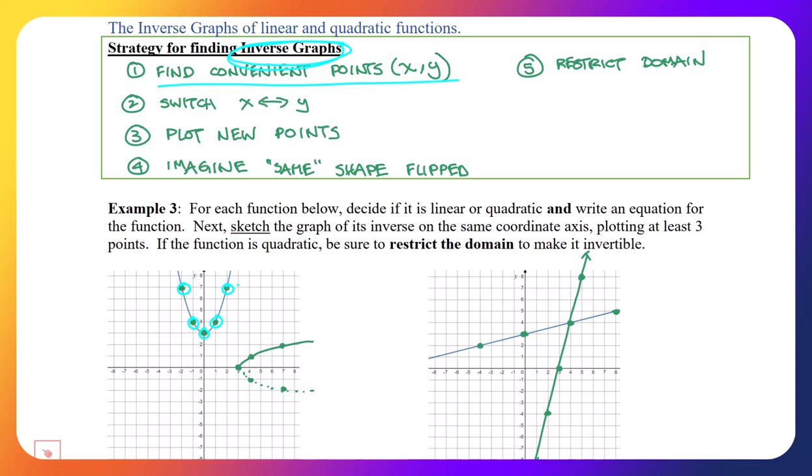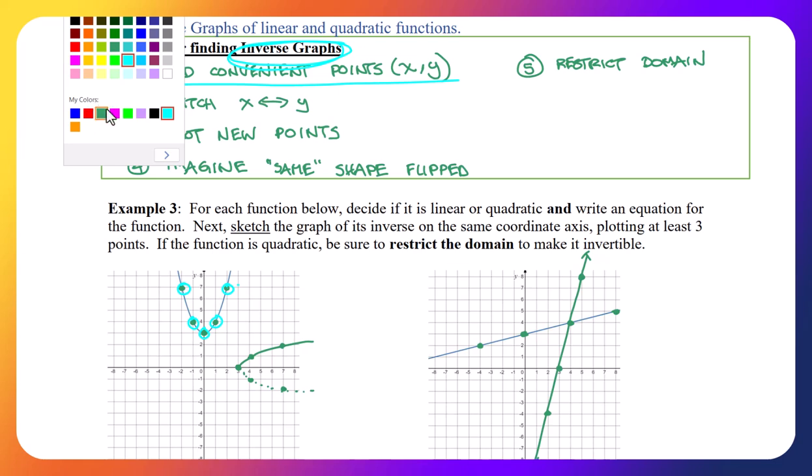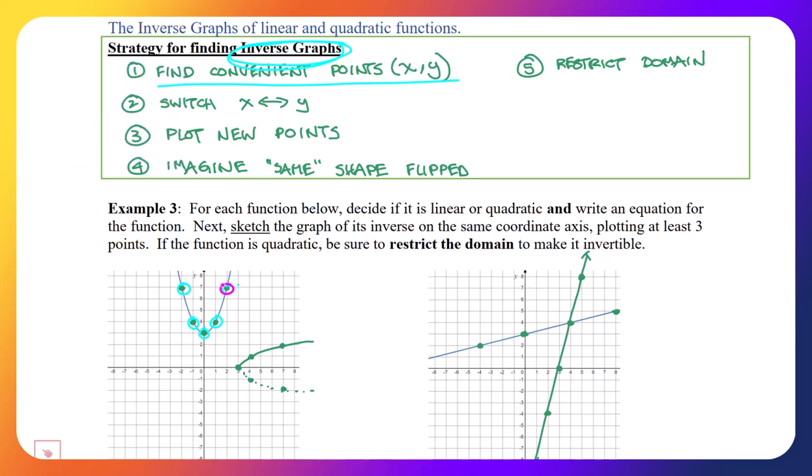So for example, this point is 2, 7, so I have the point 7, 2, switch the x and y. 1, 4, 4, 1, 0, 3, 3, 0, negative 1, 4, 4, negative 1, negative 2, 7, 7, negative 2.